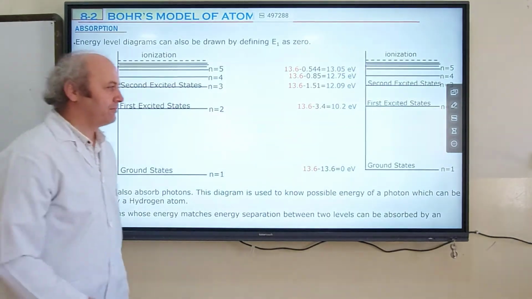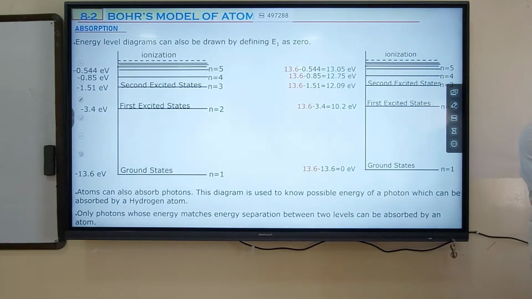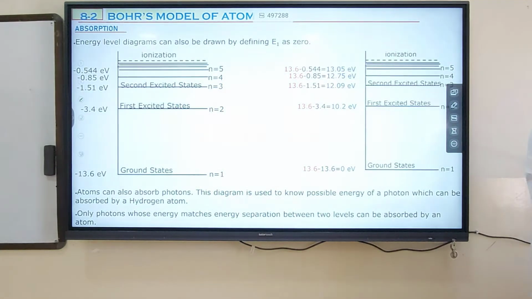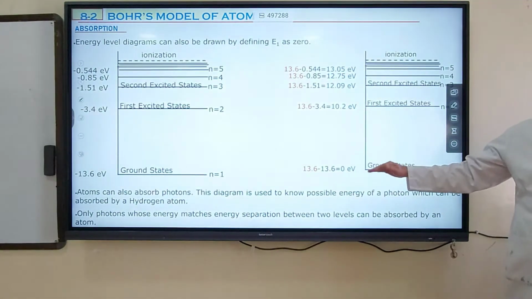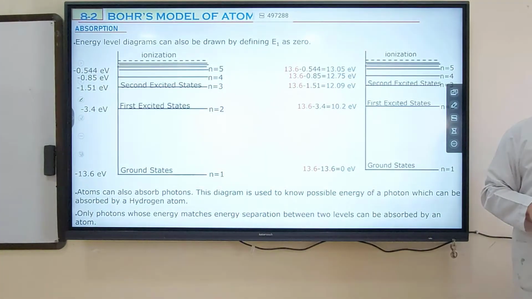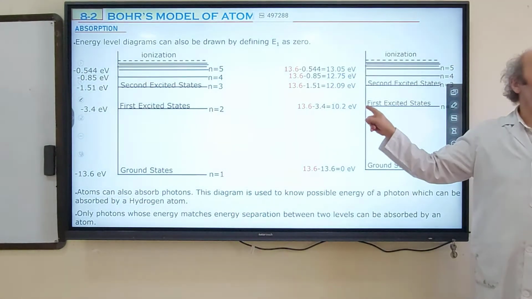For example, normally the electron of the hydrogen is in the ground state, correct? Which is 0. If I want to take this electron from 0 to the first excited state, I have to send a photon whose energy is how much? 10.2 electron volt.